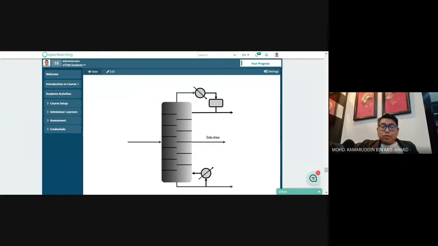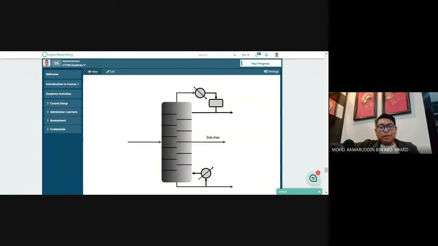Meaning the system will be stable if its mass balance is stable, meaning the volume within the stage is constant. That's why there must be liquid in every stage. This is the fun part to talk about when you learn modeling. Okay, that's why you need to have a reflux.